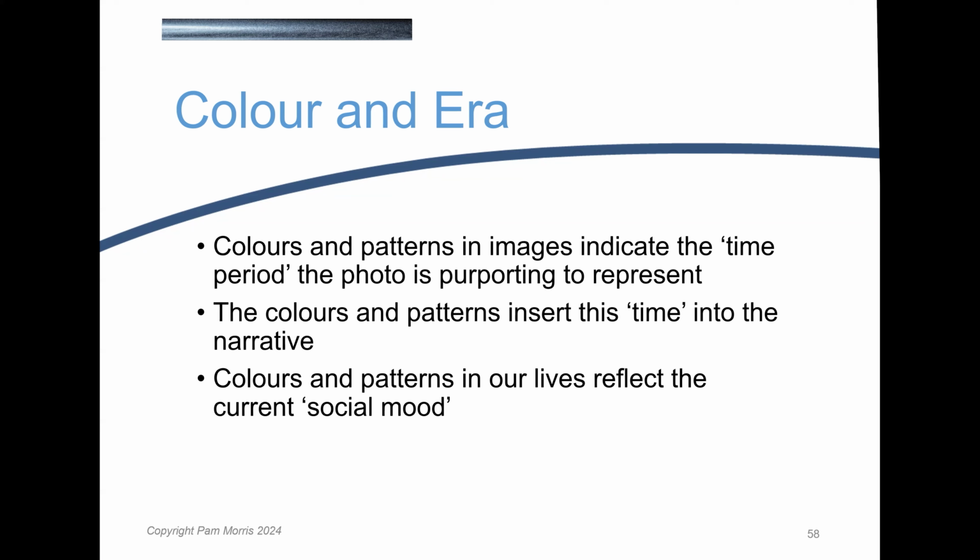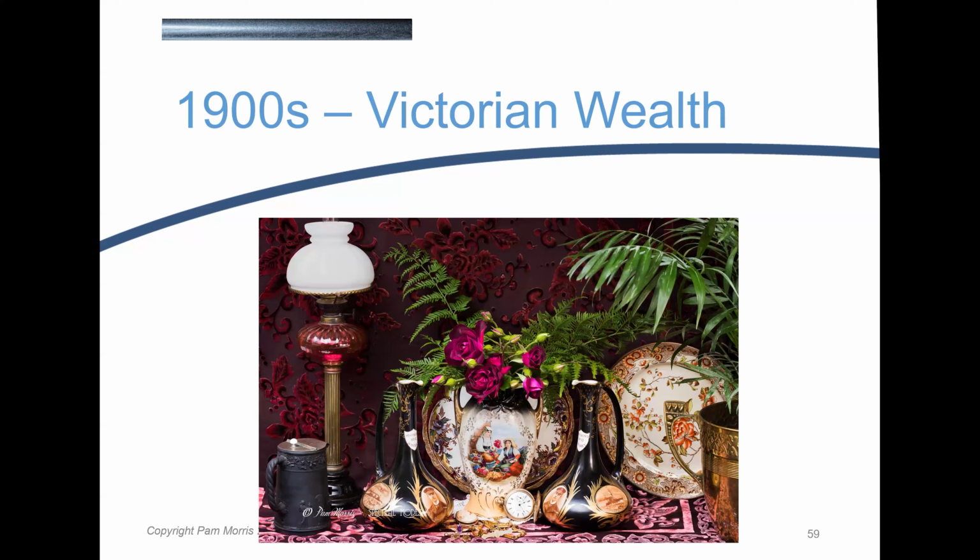And this is something that also came to me when I was trying to create still life in photography, that you had to be very aware of the colours of the period to convey that period.